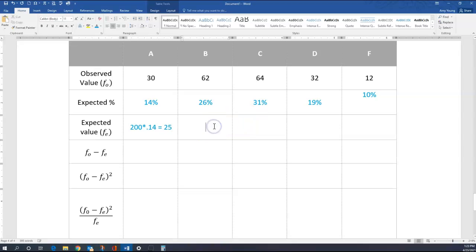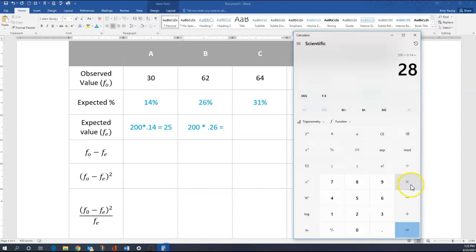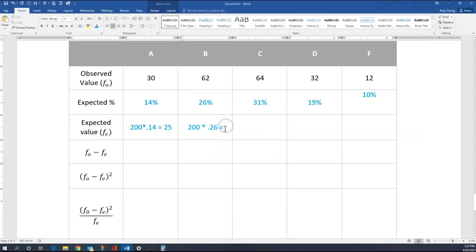And then for the next one, we're going to do 200 times 0.26. And let's see what that is going to give us. So 200 times 0.26 gives us, we expected 52 B's. And then here we've got 200 times 0.31.